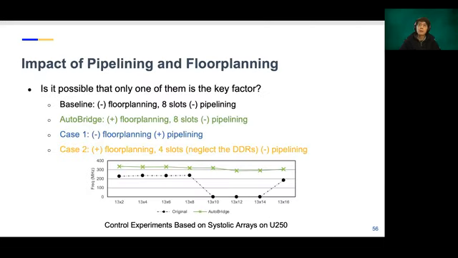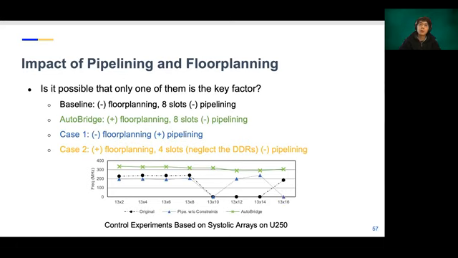Now that we have both pipelining and floorplanning, we show control experiments that both factors are needed for the best result. The green crosses represent the result by AutoBridge, and the black dots represent the baseline. First, floorplanning without pipelining will obviously backfire because this will introduce long wires when the tool tries to distribute the design across the device.